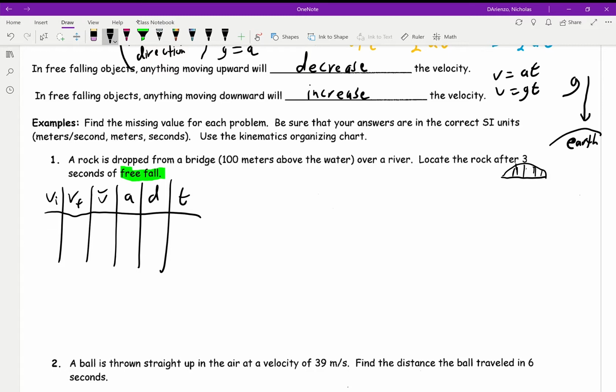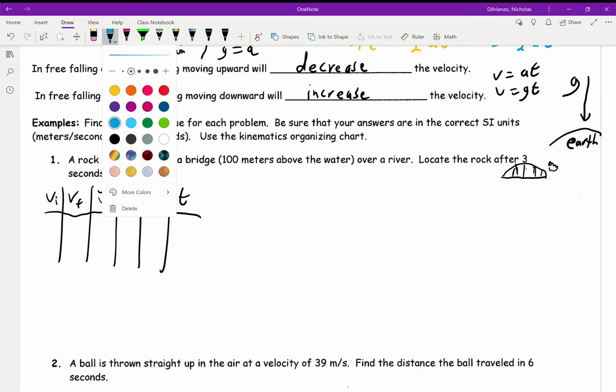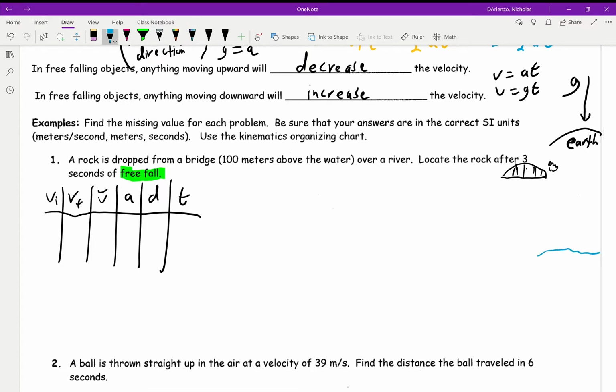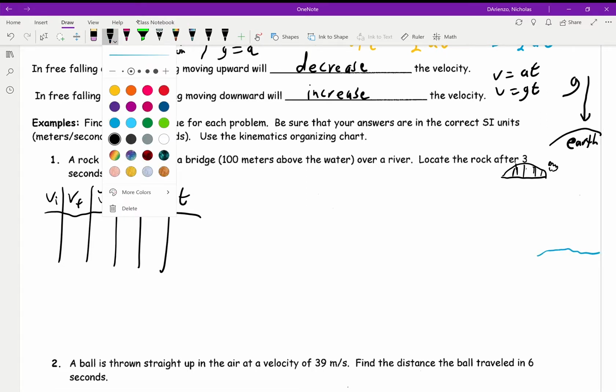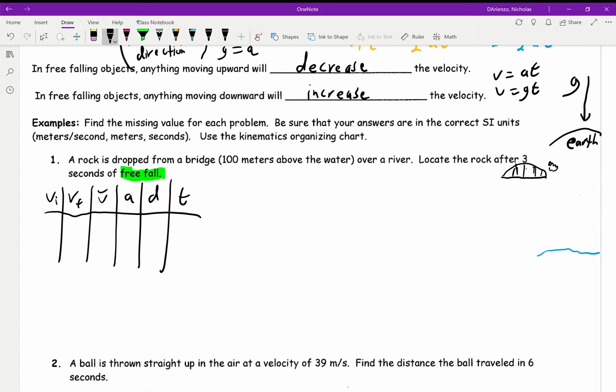We have a rock that's going to fall down to the river below. Again, I encourage you to sketch here. We know this distance is 100 meters. After 3 seconds, we want to see where we can locate the rock.